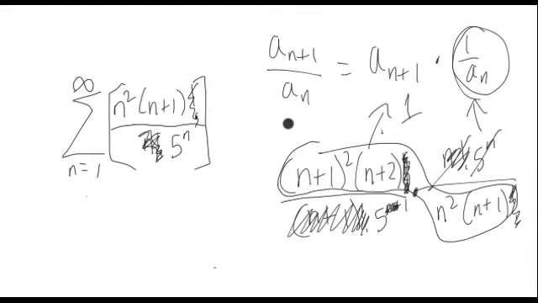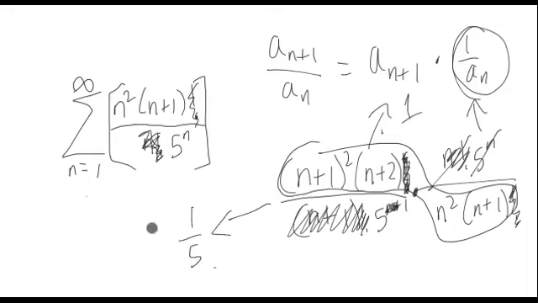So this part didn't really affect anything in the ratio. What did happen is that after we noticed this part limits to 1, we just have a fifth left over because this was a 1 over 5. So this whole thing limits to a fifth.